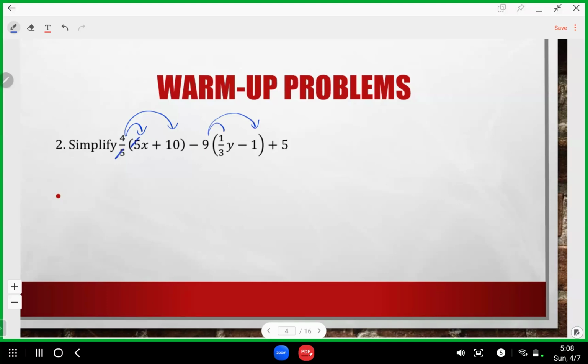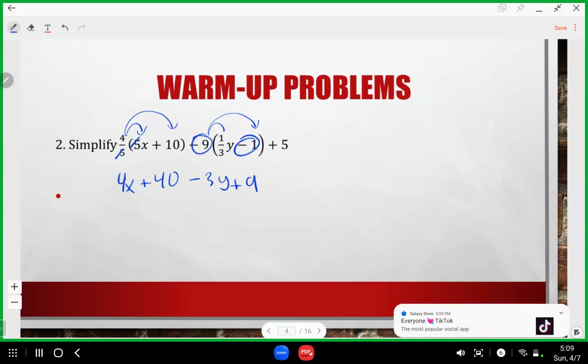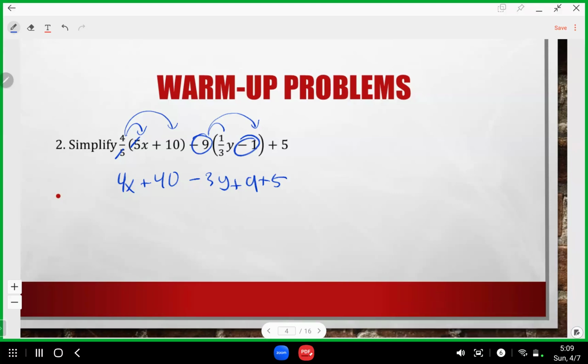Clearly, the 5 and 5 cancel out here, so you're just left with 4x plus 40 minus, as you can see, 9 times 1/3 is 3, so we're left with minus 3y plus 9 here. Be careful, these are two negatives that we're multiplying together, so that's going to be a positive. Then we have our plus 5 here. So then what we have here is 4x minus 3y plus 54.